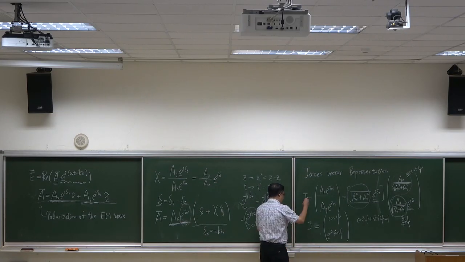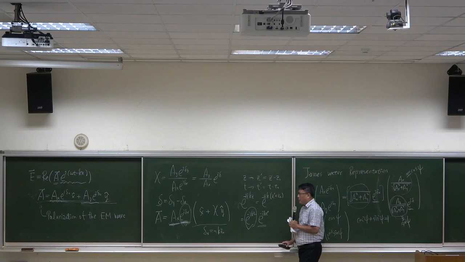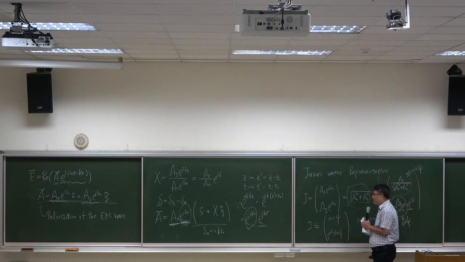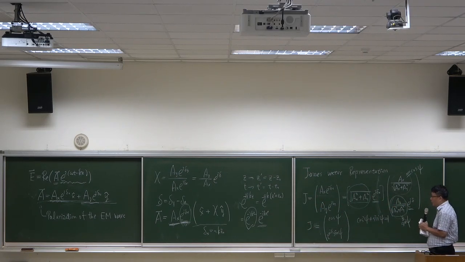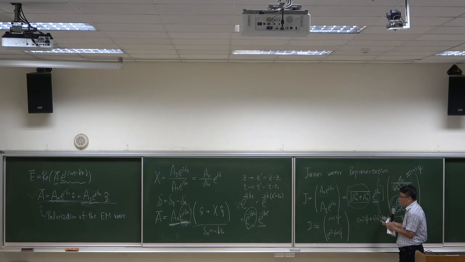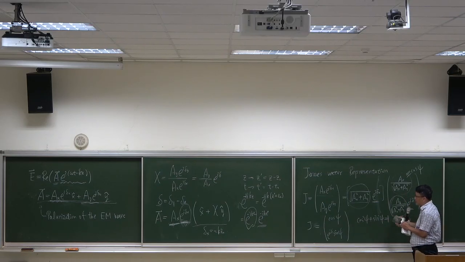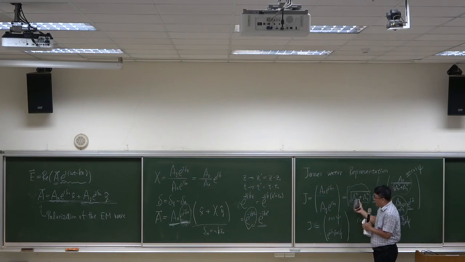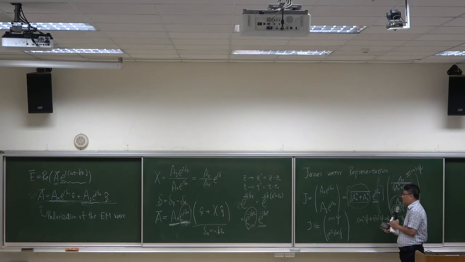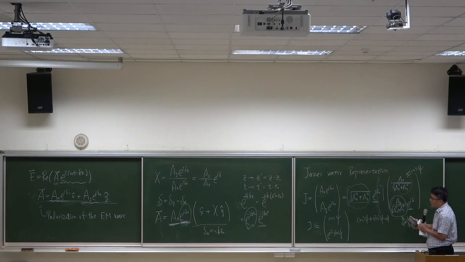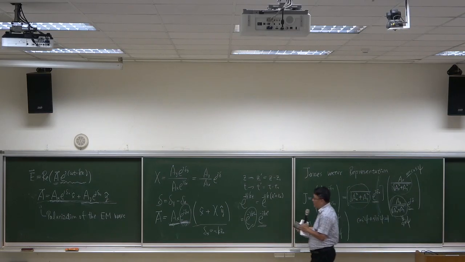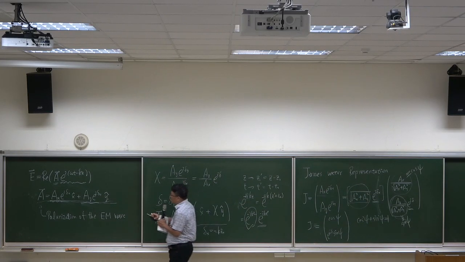We can define the scalar product of two Jones vectors, or the scalar product of two polarization states. Before doing that, I must emphasize that for complex vectors, the definition of scalar product is a little bit different from the real vector scalar product.